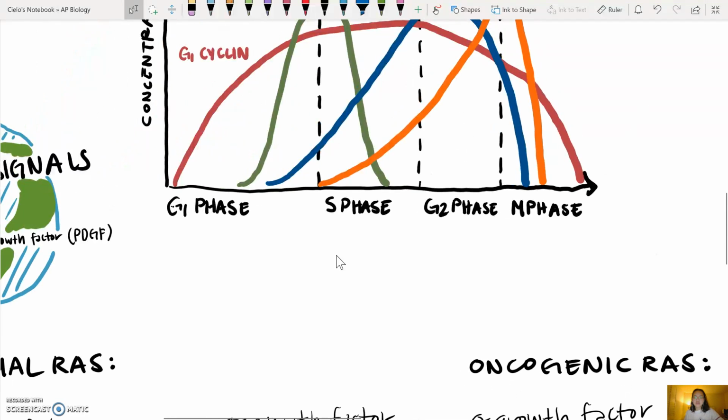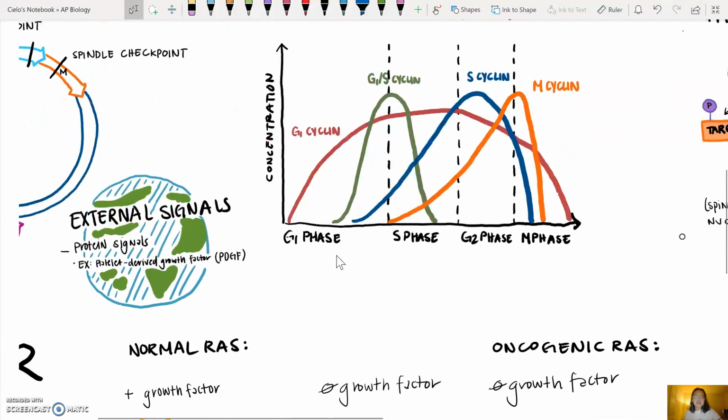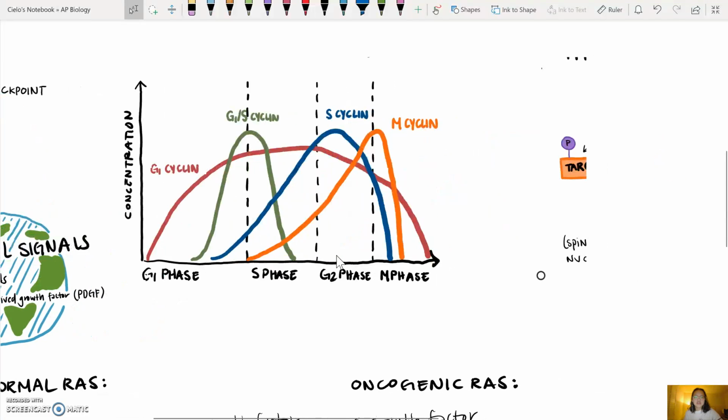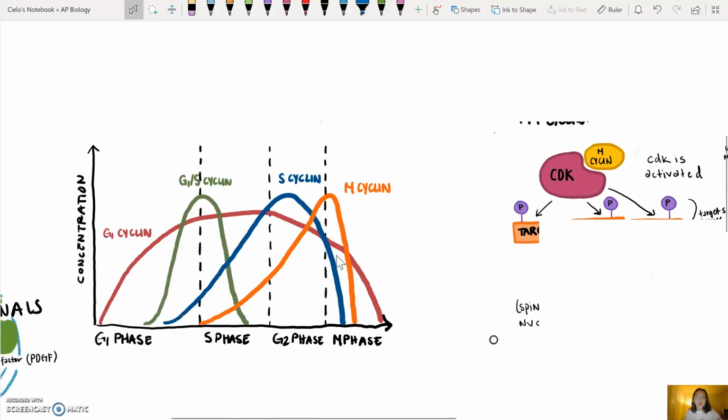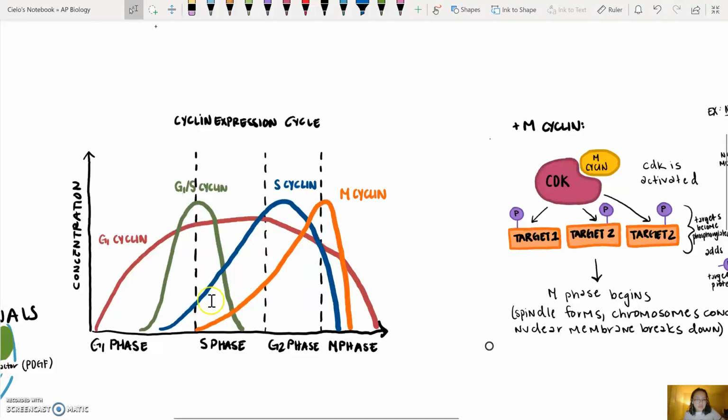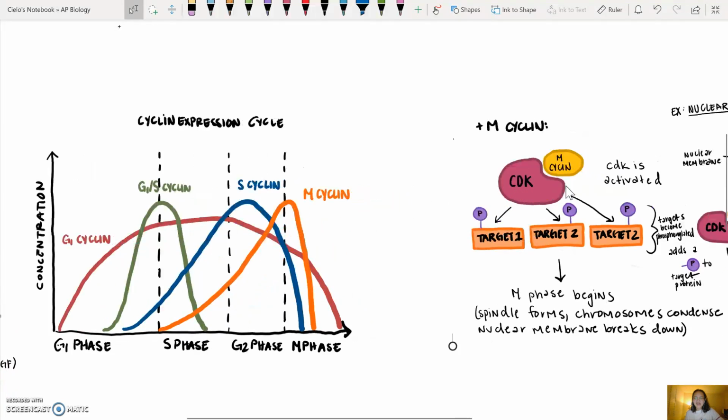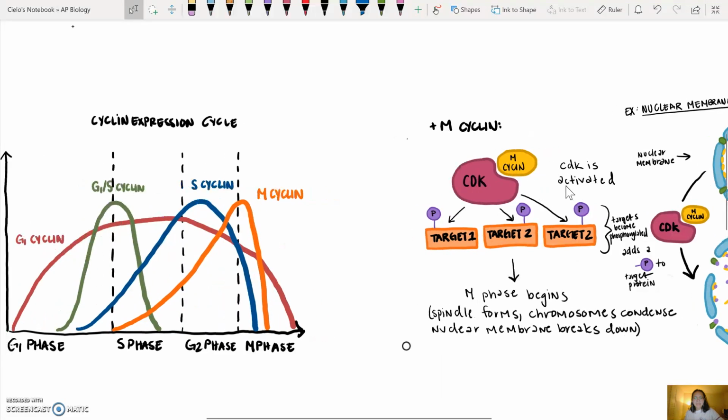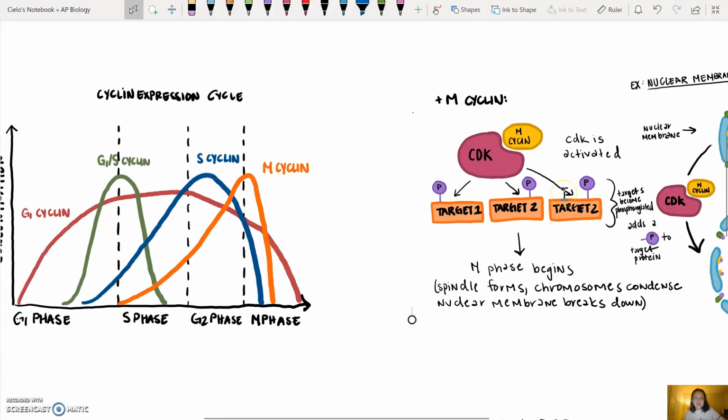An example of internal signals will be cyclins and cyclin-dependent kinases, or CDKs.